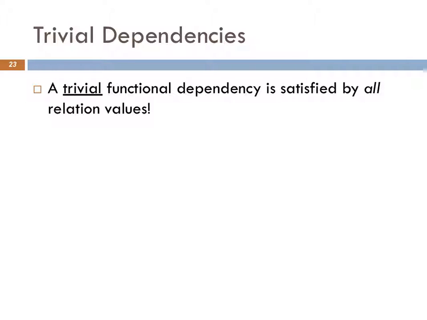Now, there's a special kind of dependency. It's our favorite kind of dependency. It's called a trivial functional dependency. A trivial functional dependency is a dependency that holds on any relation value regardless of any values you happen to pick. You could pick any relation value you want, and that trivial dependency will always hold. Okay?